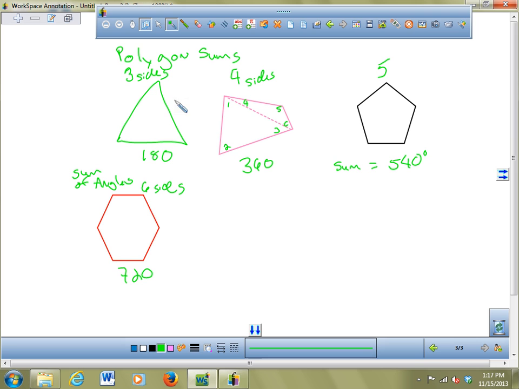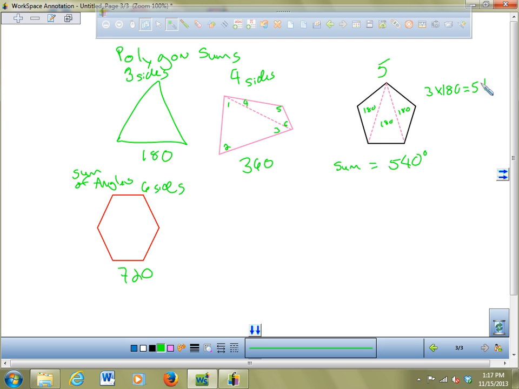That's where that comes from. Starting at one vertex, how many triangles do I have here? 3, and each has 180 degrees. 3 times 180 equals 540 degrees.